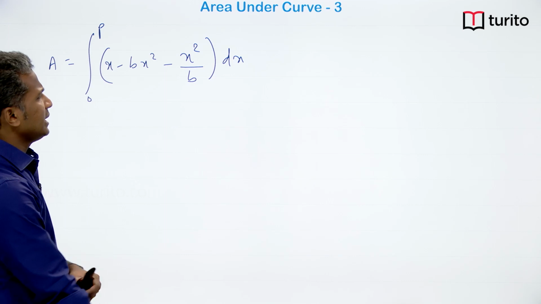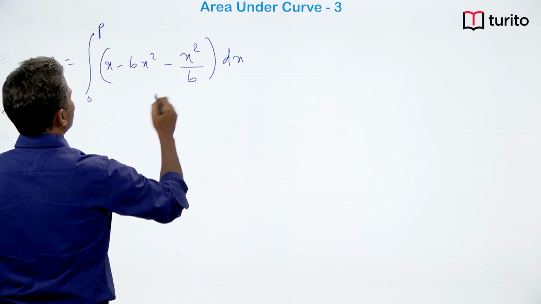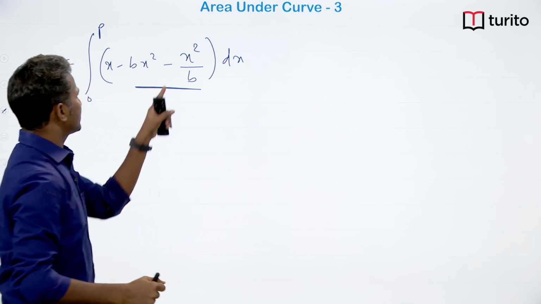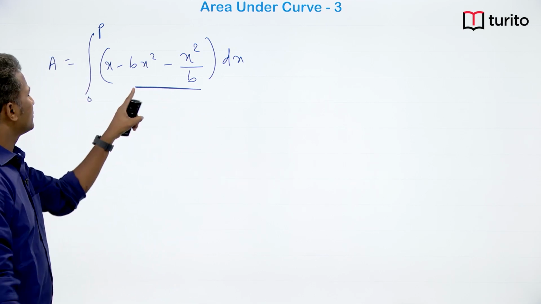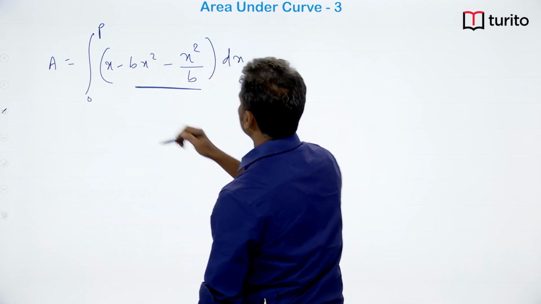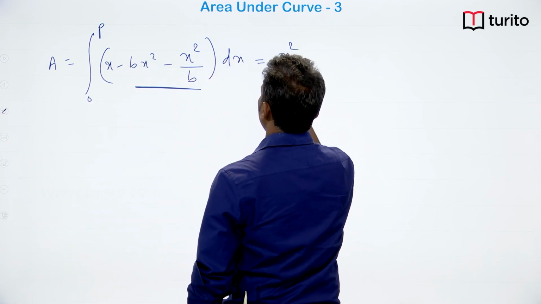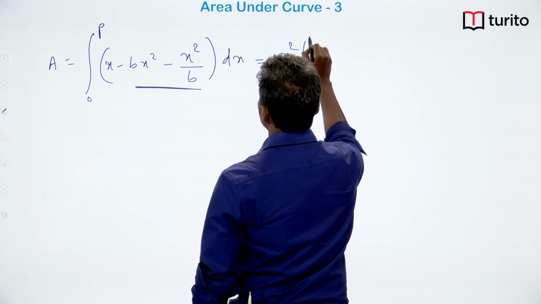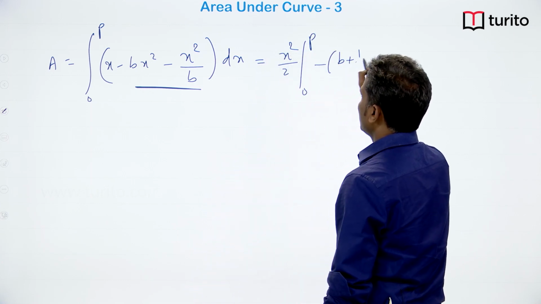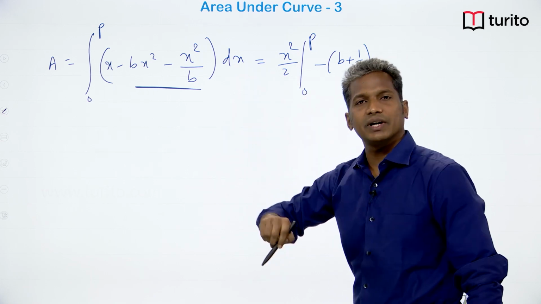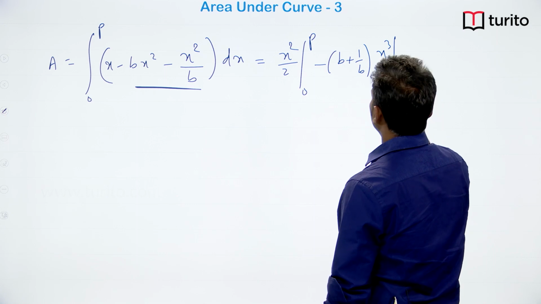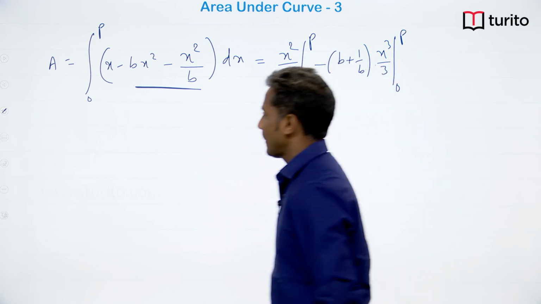Now let us integrate this. So while integrating, out of these two, x square can be taken common. We can observe that. So when I integrate the first term x, I will get x square by 2, limits going from 0 to p, minus, when I take (b plus 1 by b) common and integrate x square, the integral will be x cube by 3, limit going from 0 to p.